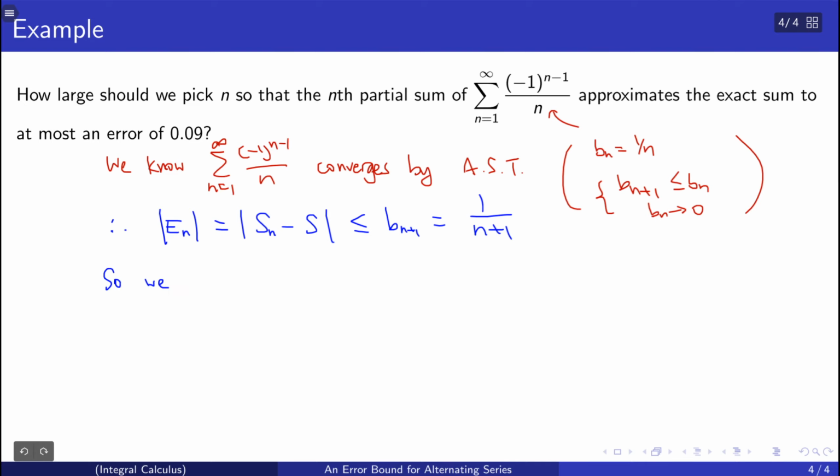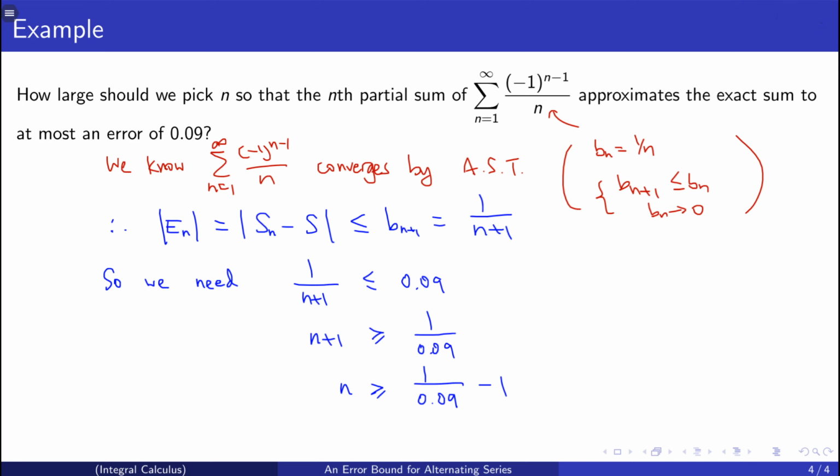So since we need this error to be at most 0.09, that means we're looking for n so that b sub n plus 1, which is 1 over n plus 1, is smaller than or equal to 0.09. This means n plus 1 should be larger than or equal to 1 over 0.09, or n is larger than or equal to 1 over 0.09 minus 1.